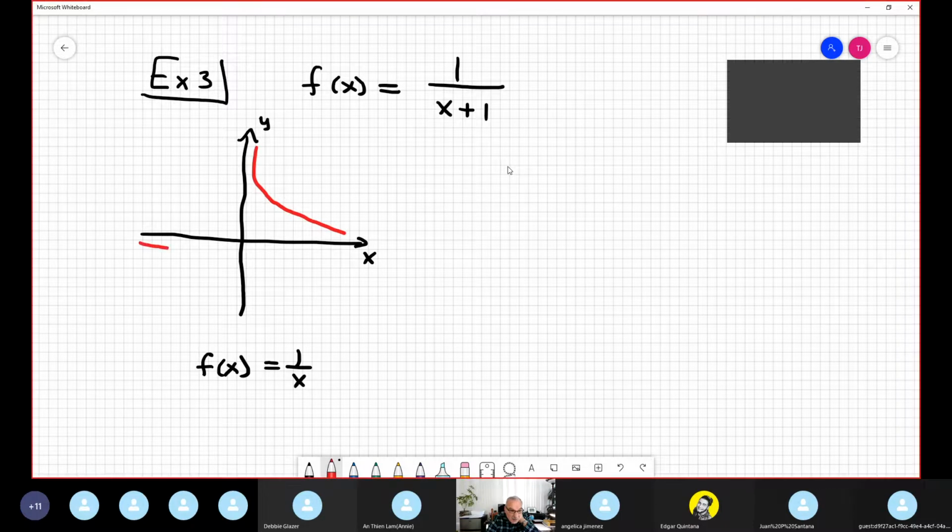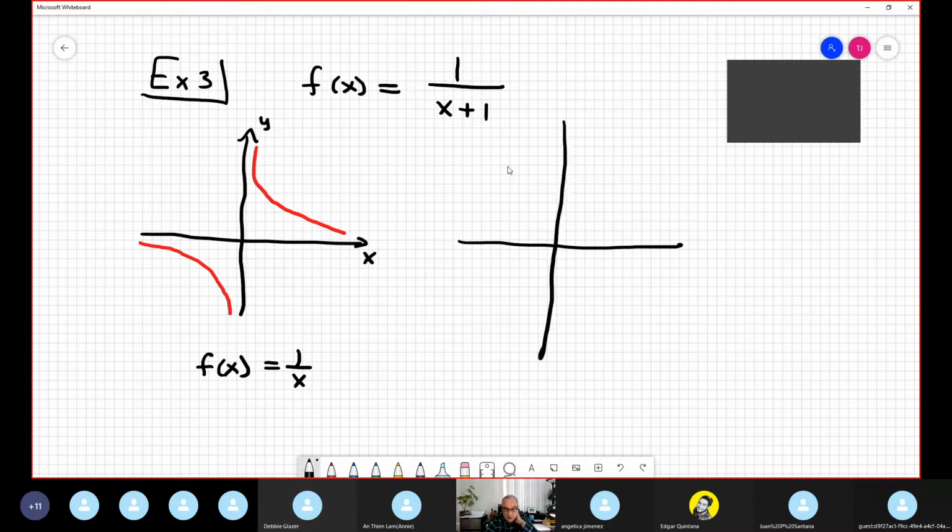And this is similar to this, except we have plus 1. And this plus 1 is not the same as this. It's no plus 1 outside. Therefore, it's no vertical shift, it's horizontal shift. So when it's horizontal shift, is in what direction? It's plus, so it's to the left.